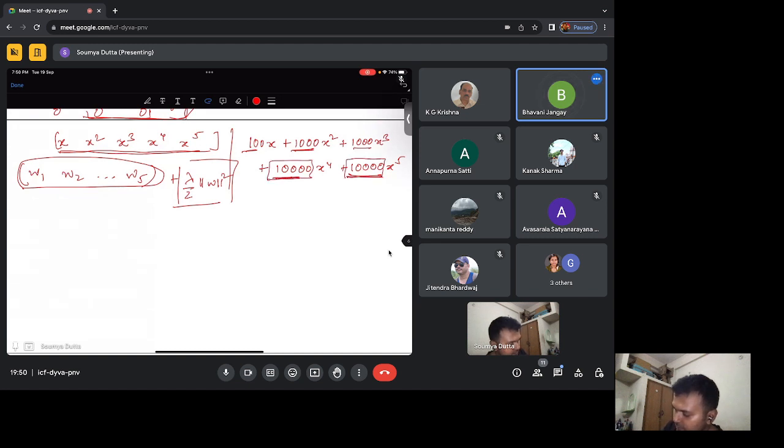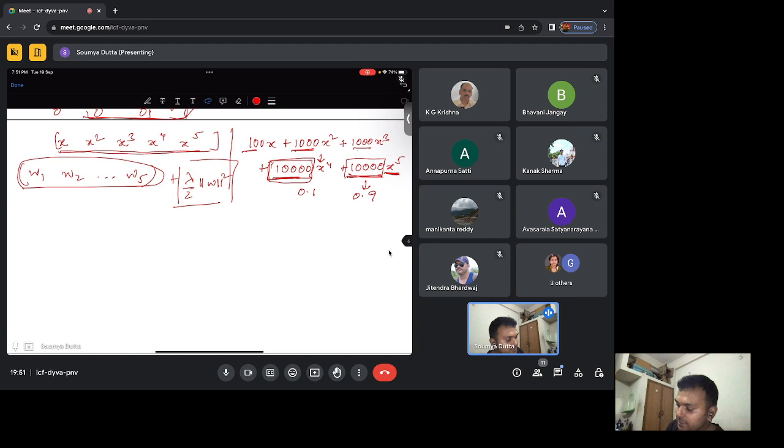So when you are reducing these weights, your model is becoming from a 5th degree polynomial to close to a 3 degree polynomial. This weight is very low. From 10,000 it has come down to, of course it won't be exactly that, let's say 0.1, and this is also 0.9, suppose I am just giving you an example.